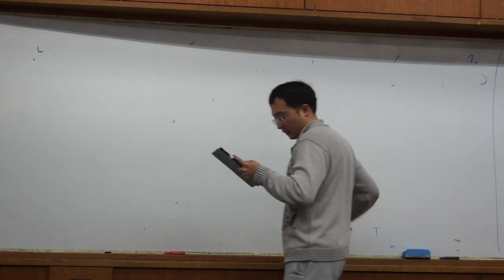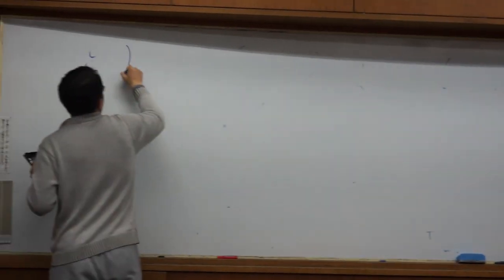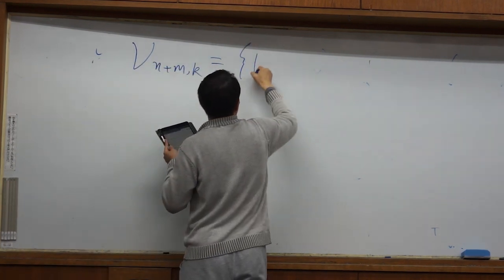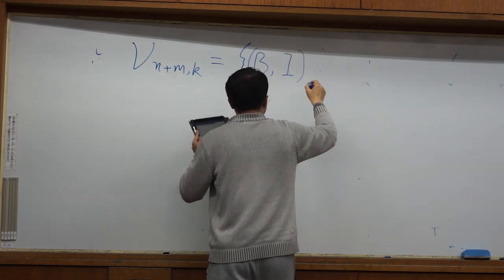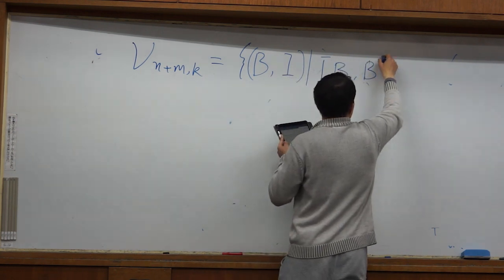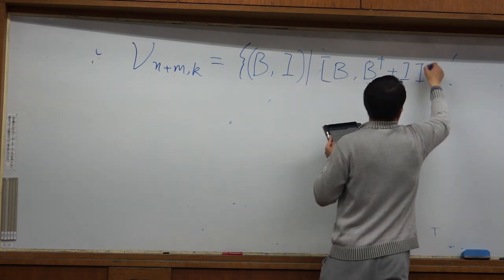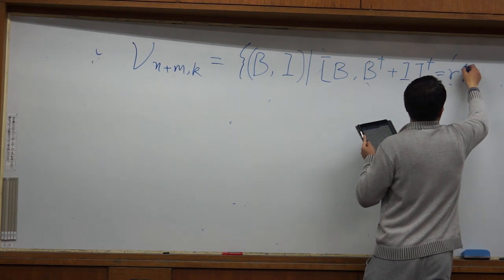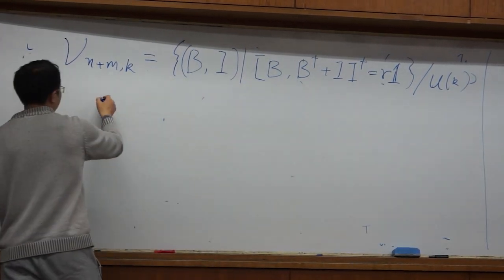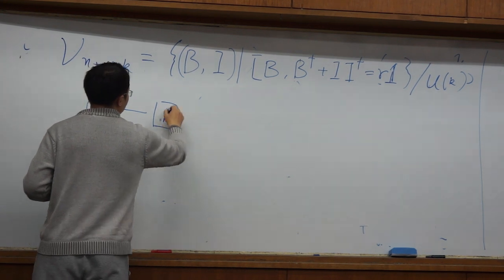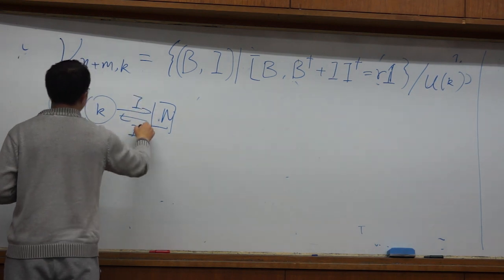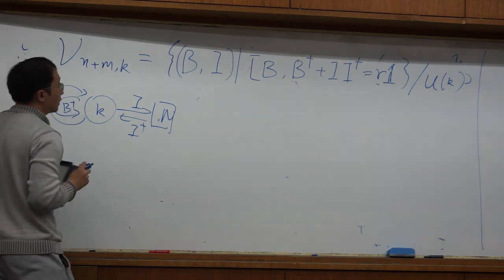If we consider this moduli space, it describes the moduli space of the Jordan quiver, with I dagger and B dagger, right?